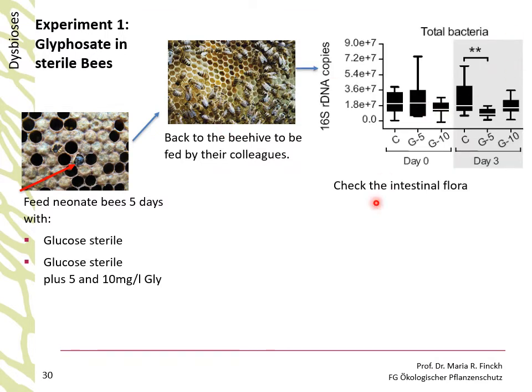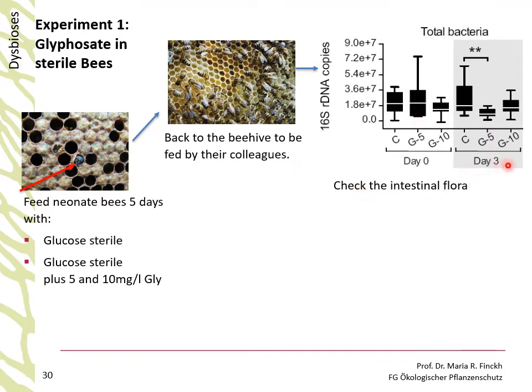And then they looked at the intestinal flora. So you have the control group, you have the bees that get 5 milligram per liter glyphosate, and the bees that got 10 milligrams per liter glyphosate at the moment before they return to the beehive. No difference in the intestinal flora.